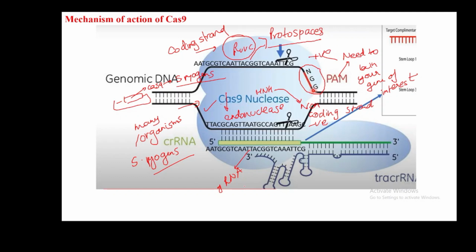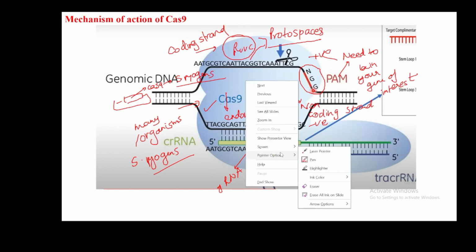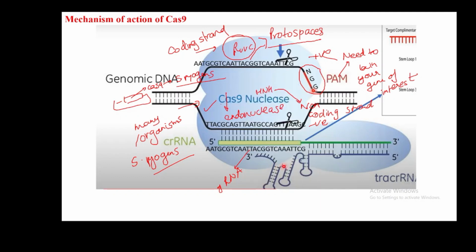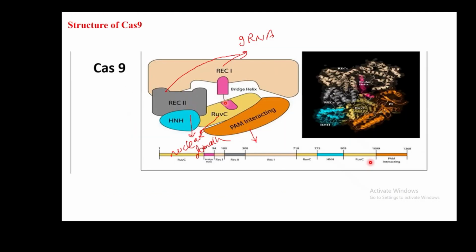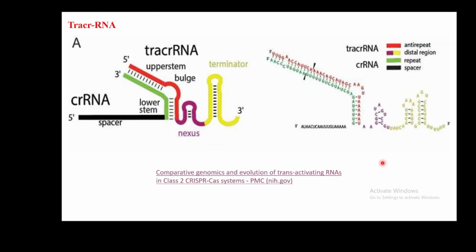Another thing which you can see here is the tracrRNA. And what is tracrRNA? You need not worry about it. You just need to design your gRNA that will have the lower stem, and this lower stem and the tracrRNA will be there in the plasmid, which you need to purchase from any vendor.